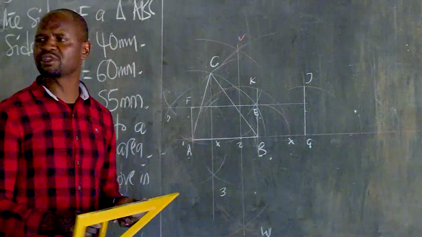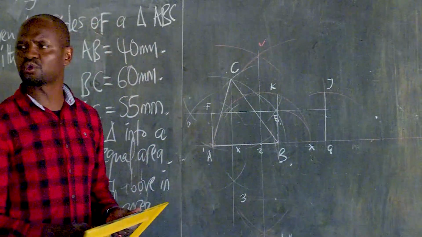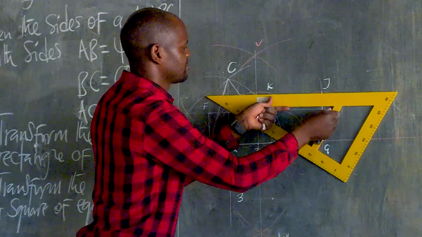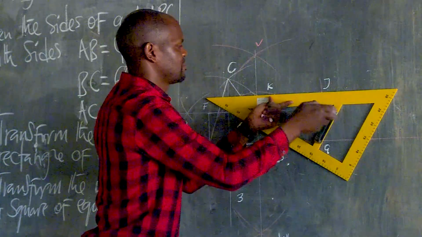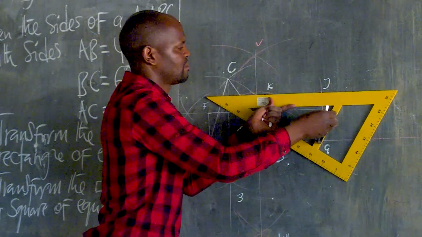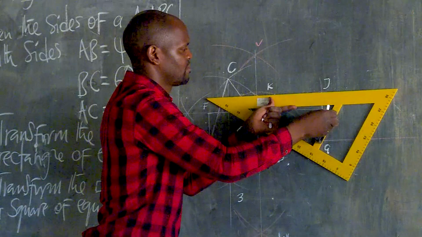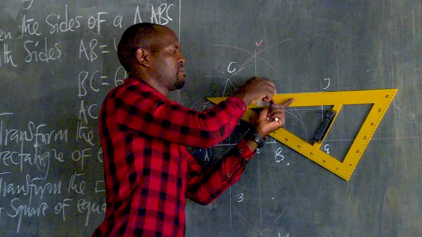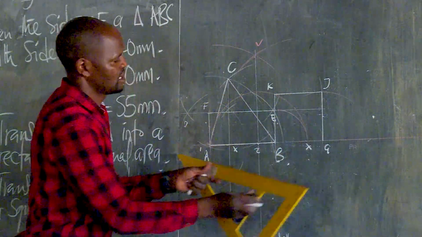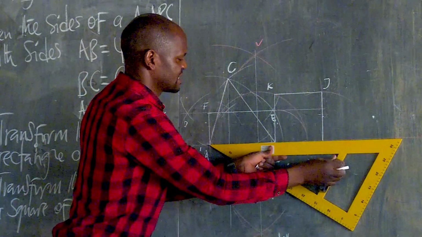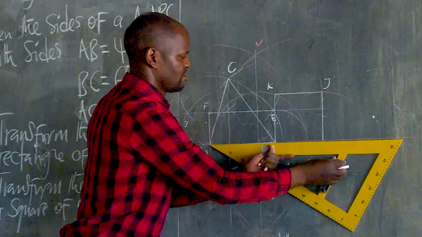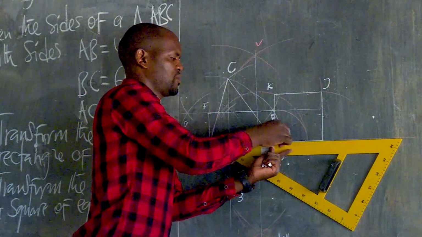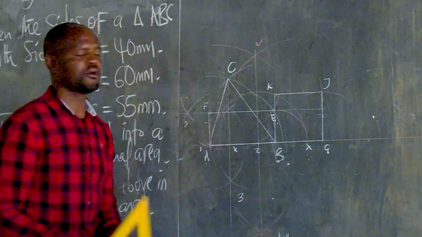And you also join your distance from K to what? J. To J, like that. And the down part like that. You join there.